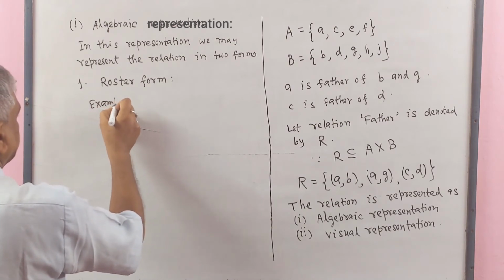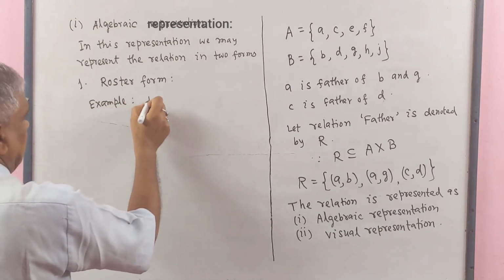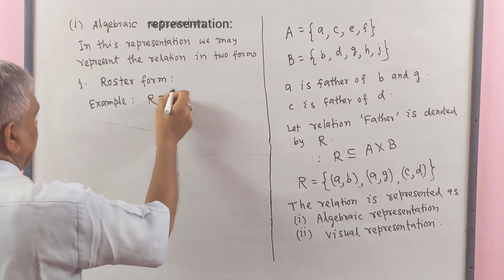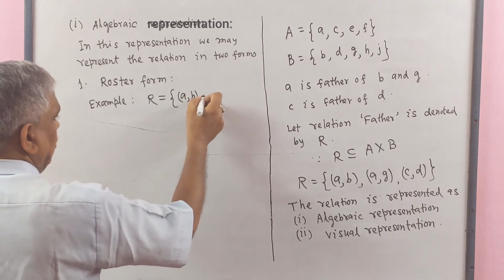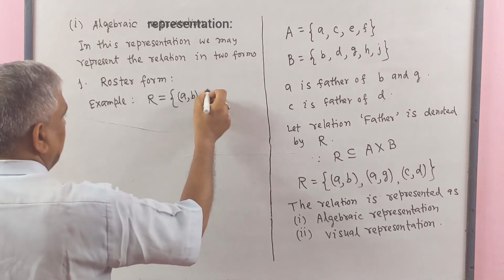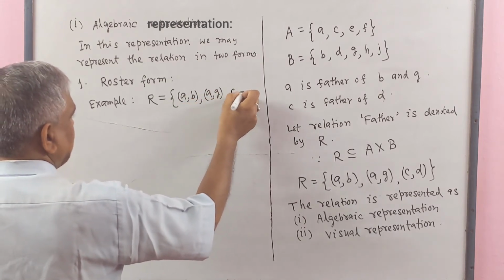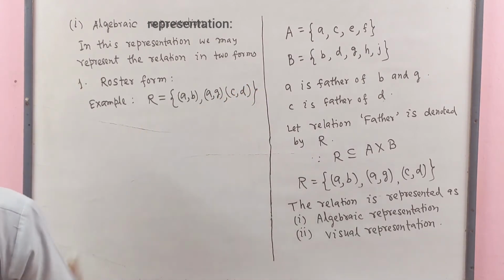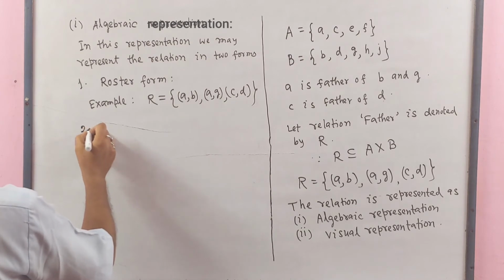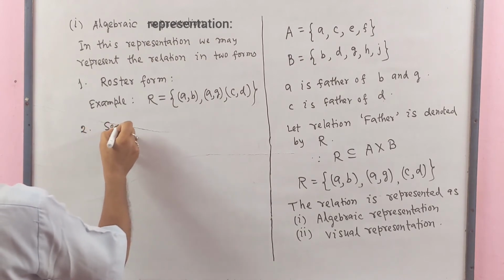Example, relation R is represented as ordered pair AB, ordered pair AG, ordered pair CD. This is in roster form. Number 2, set builder form.